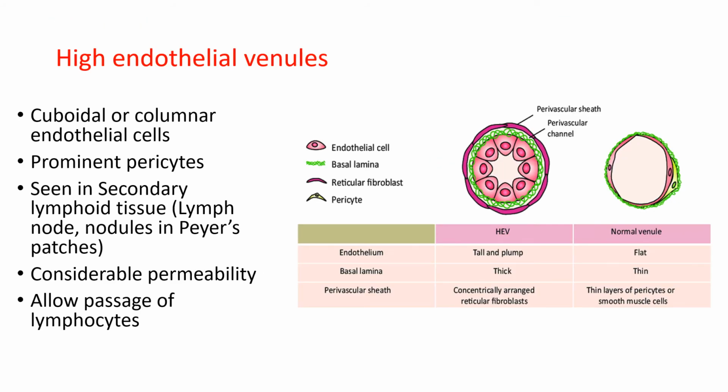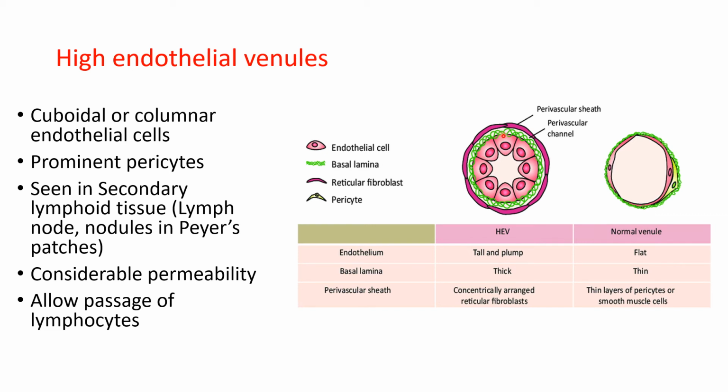Now there are some specialized venules. These are called the high endothelial venules. These specialized post-capillary venules are actually lined by cuboidal or columnar endothelial cells resting upon a prominent basement membrane.